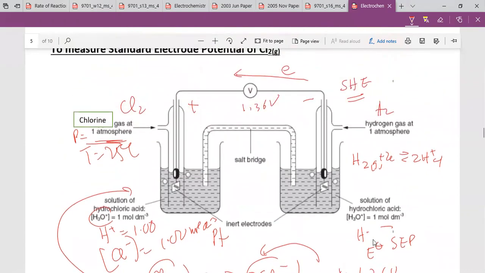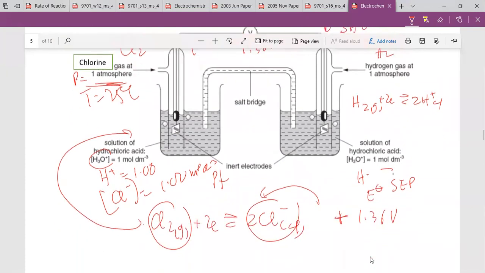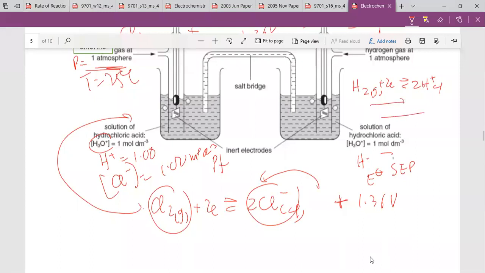Can you tell? Of course you can, because the electrons are coming from here. That means it's the source of electrons, so this one is undergoing oxidation. Which direction of the equation, forward or backward?